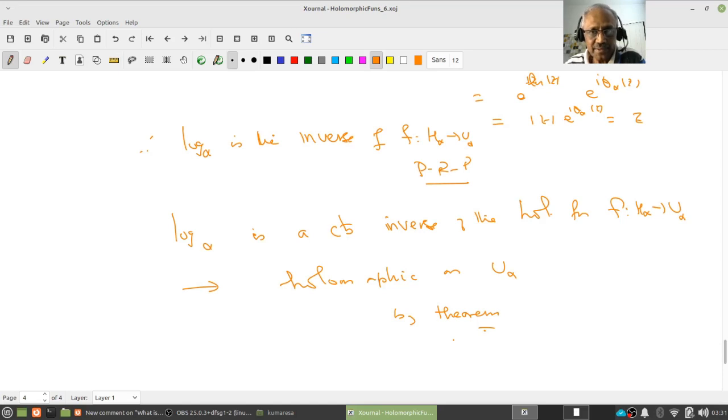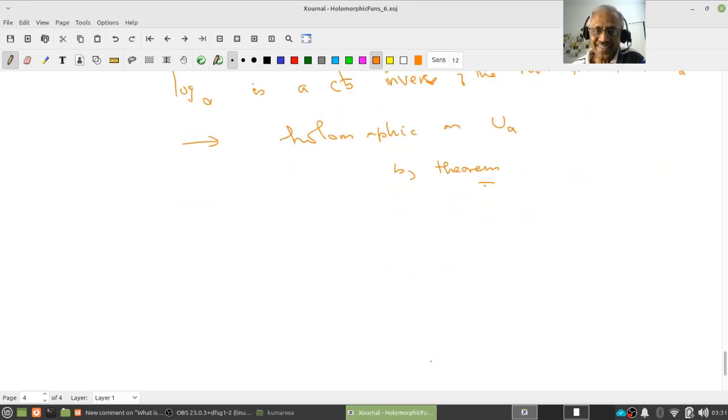Are you sure we understood all those things? Very good. Now how can I use holomorphicity? Again, make sure that you did everything. What did we say? F dash a should be not equal to 0 is one of the conditions. Here, what is the map? It is the exponential map from H alpha to U alpha.